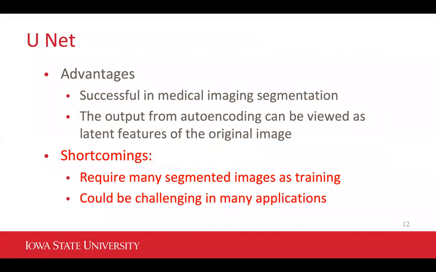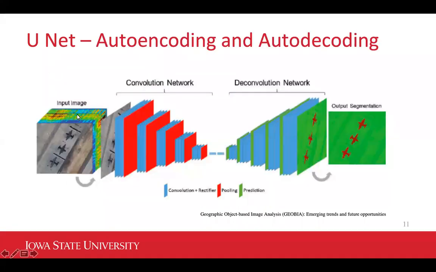Okay, but there is a shortcoming which is related to what we just talked about. This method requires many segmented images as training, okay? Which means we need training data, pictures, but those pictures need to have a correct labeling for each of the pixels.